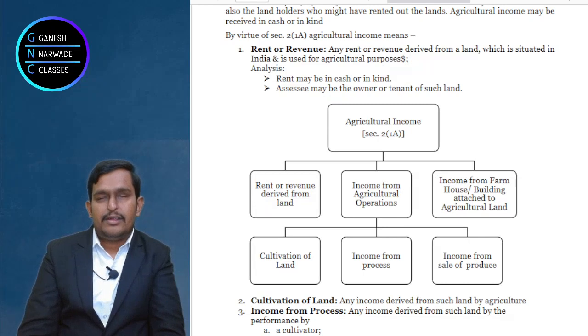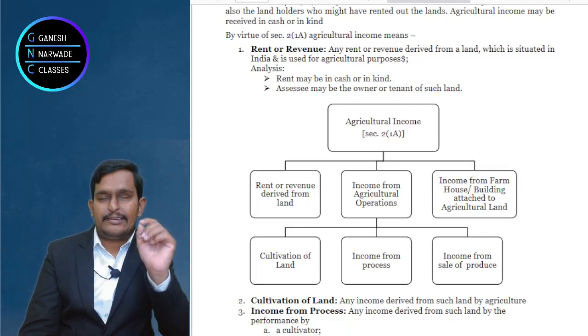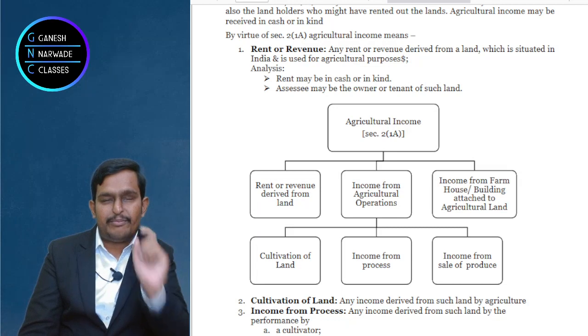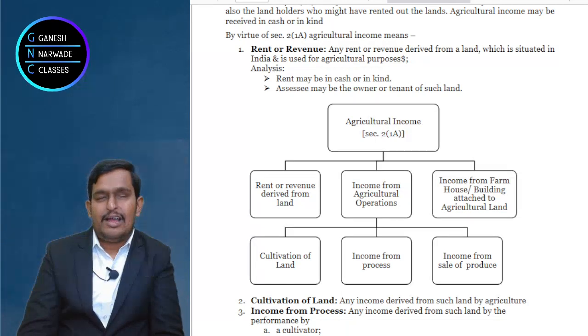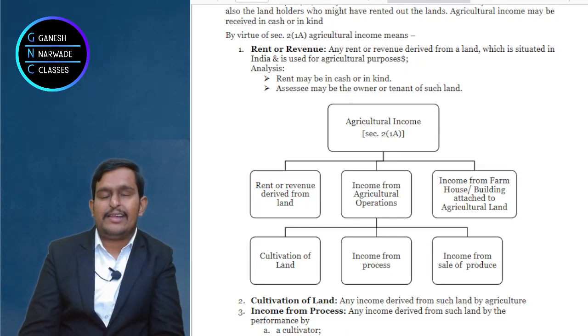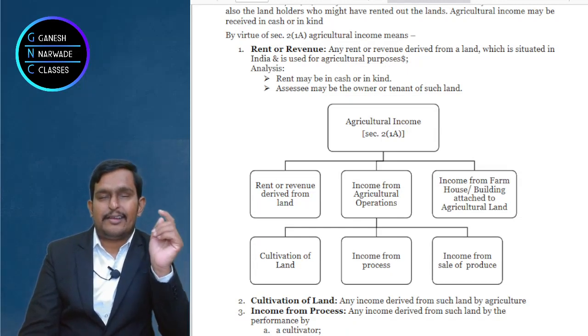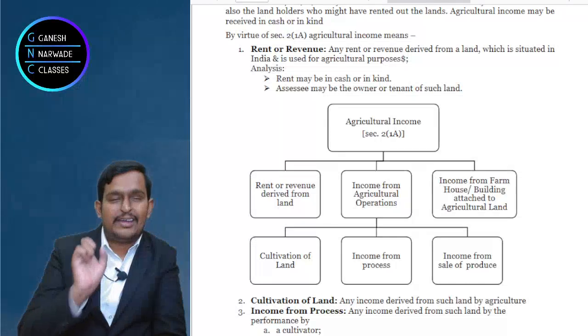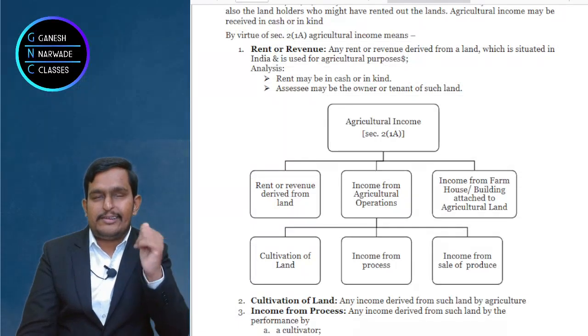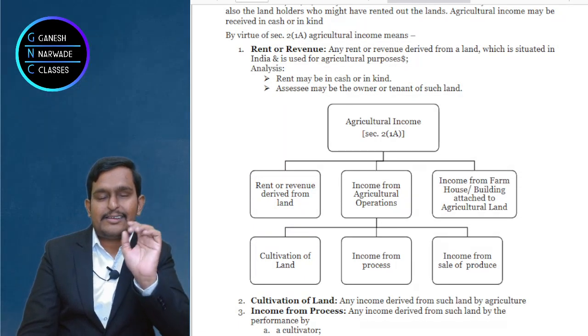Okay. But then the question arises that central government says, according to section 10, agricultural income is exempt. Agricultural income means what? So that definition is given under section 2 clause 1a. Section 2 clause 1a. You can see the notes now. What it says?